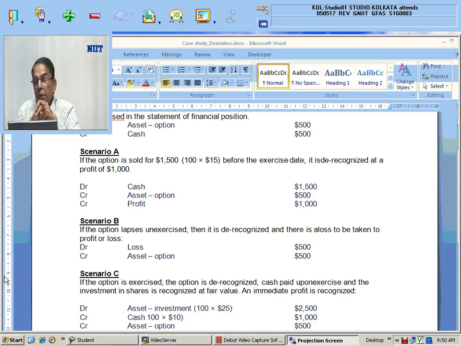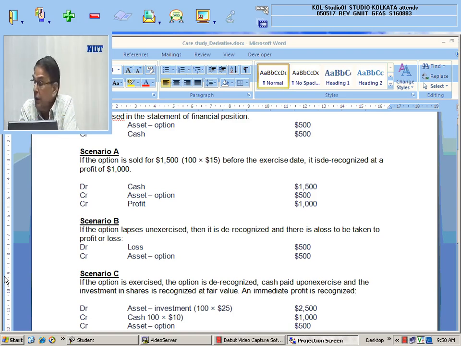So this is how the accounting treatment will be done when the option is exercised on the expiry date. For exercising the option, actual amount to be paid by ABPLC will be 100 into 10, 100 shares of CDPLC at $10 each. So cash account will be credited with 1,000. The fair value of that investment that is created by buying 100 shares of CDPLC is basically 2,500 because that is the market price of CDPLC share on the date of expiry.